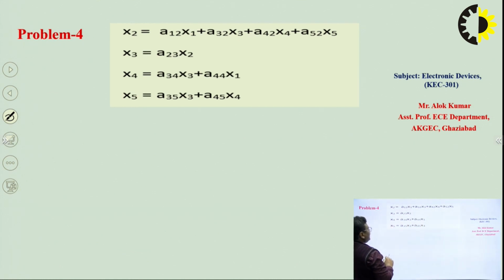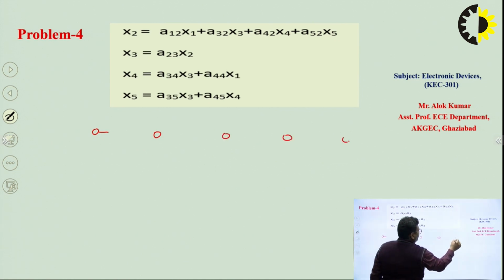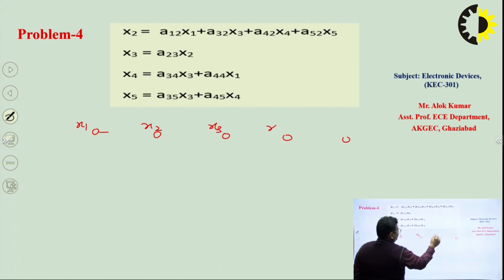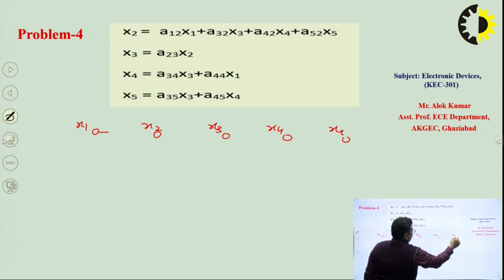Here there are 5 variables, x1, x2, x3, x4 and x5. So we draw x1, x2, x3, x4 and x5.